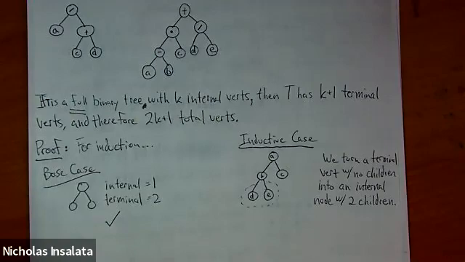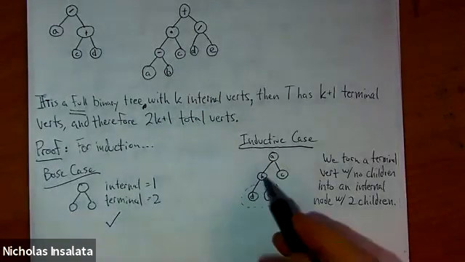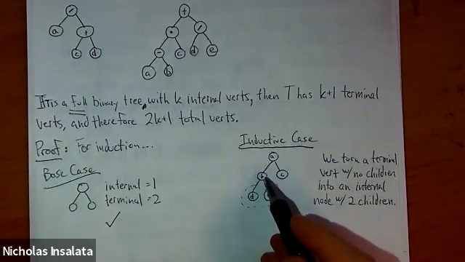So what's the tricky part? Okay, subtract 1 external, right? Because we're getting rid of B as well, I would say a terminal is what you mean, right? So we get rid of a terminal node because we turn it into an internal node.